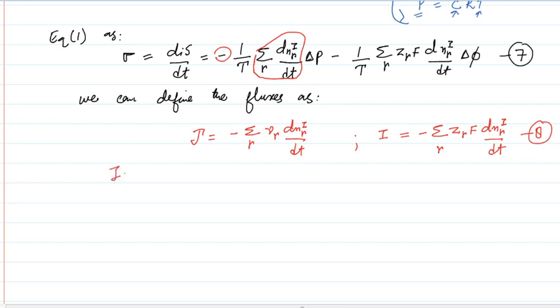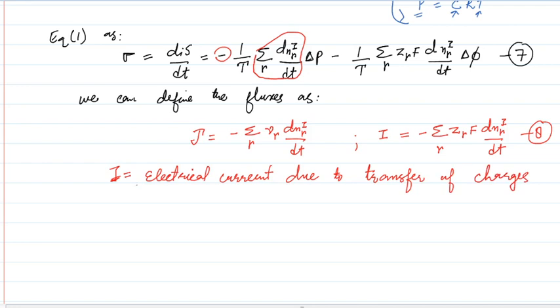Here I is simply the electrical current due to transfer of charges from vessel 1 to vessel 2, and J is simply the resulting flow of matter.